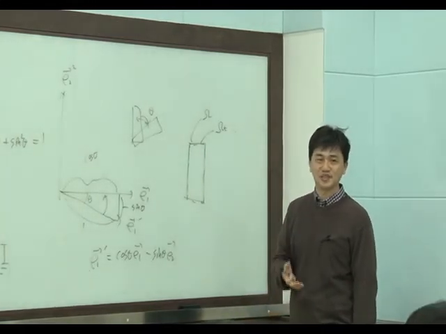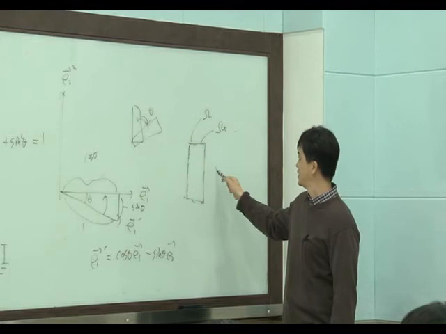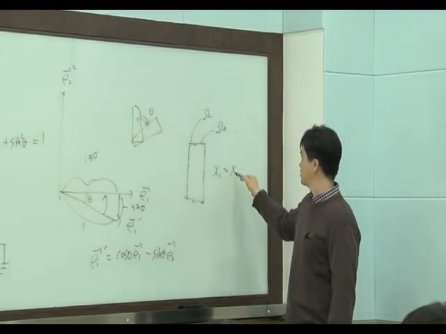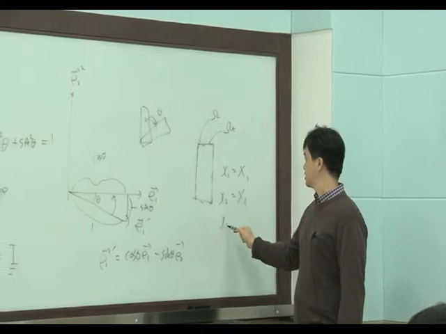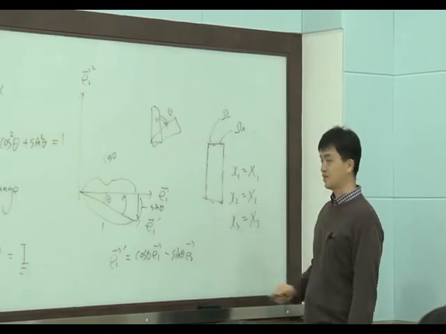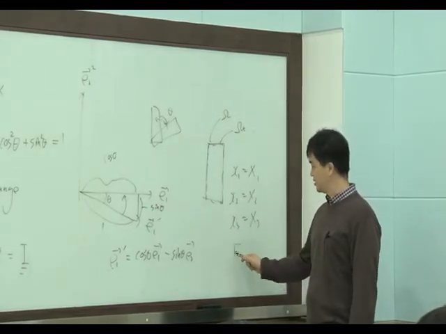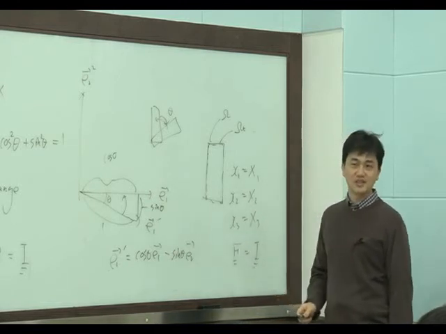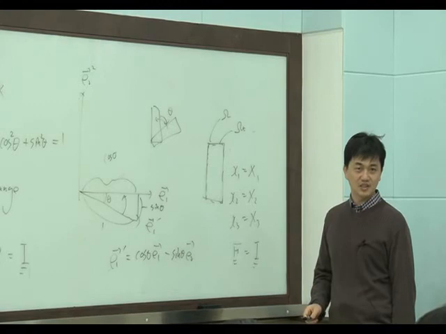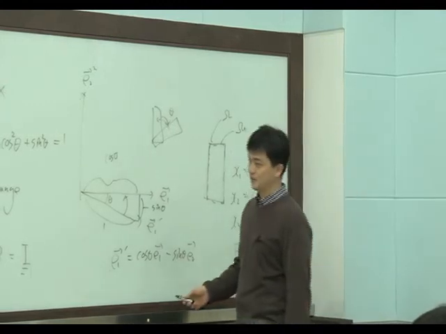Then what's the deformation tensor? It means x1 equal X1, x2 equal X2, x3 equal X3. The deformation tensor becomes identity.